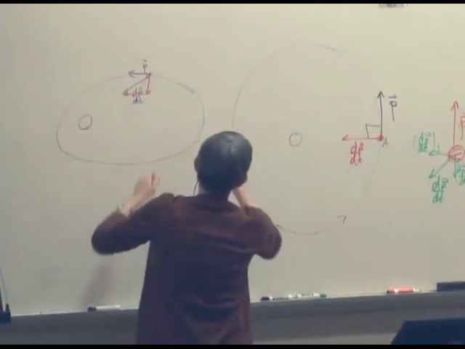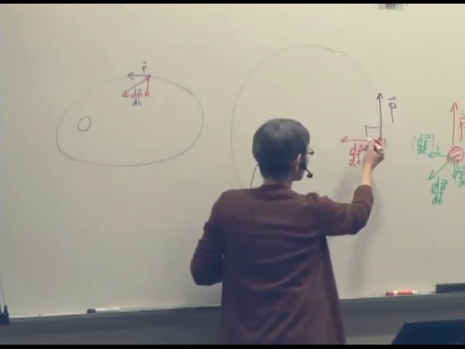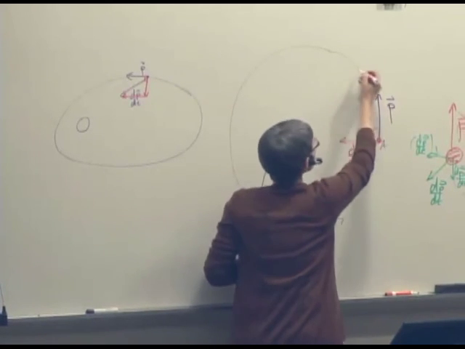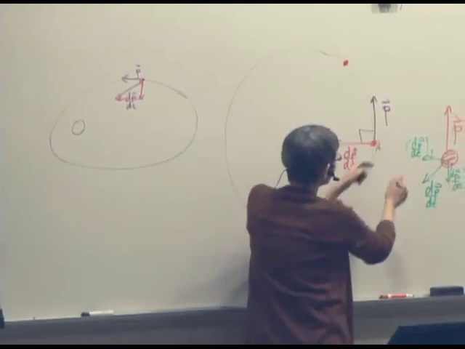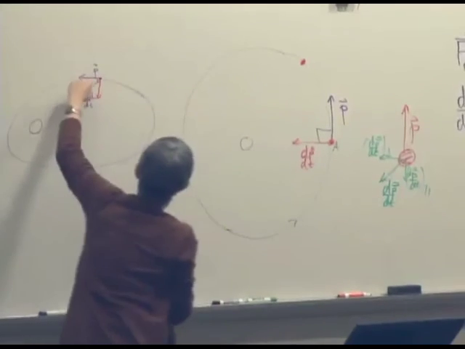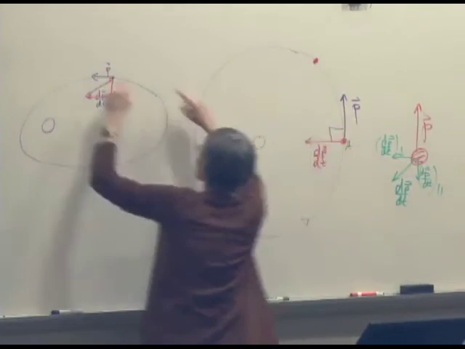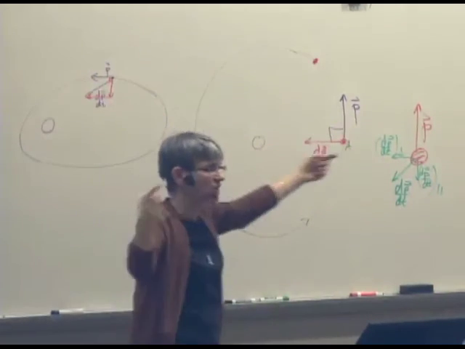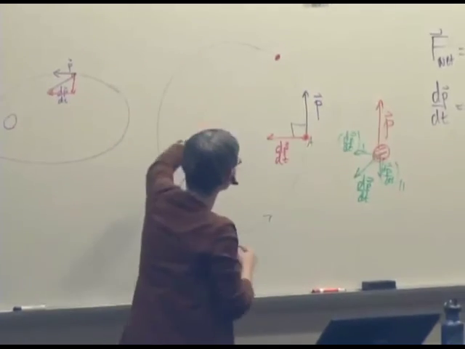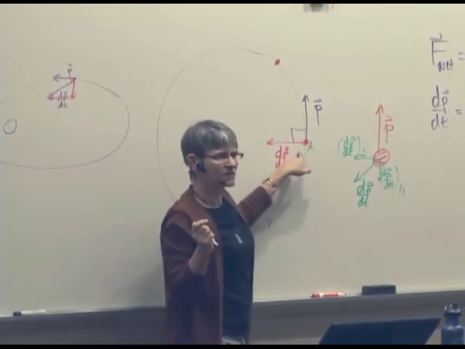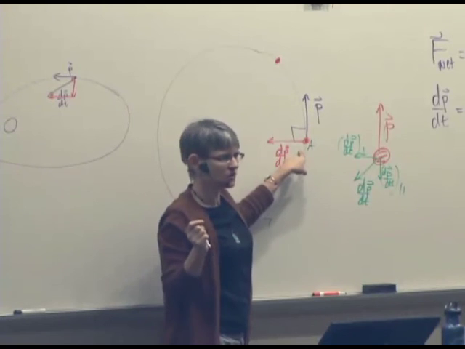But in the case of the circular orbit, at every instant, why is this not entirely parallel to p? Because the magnitude of the momentum's changing. It's getting bigger and smaller. In a circular orbit at constant speed, the magnitude of the momentum never changes, right?